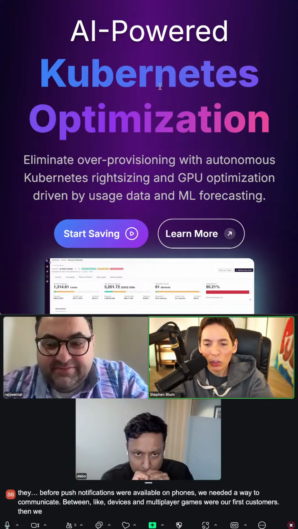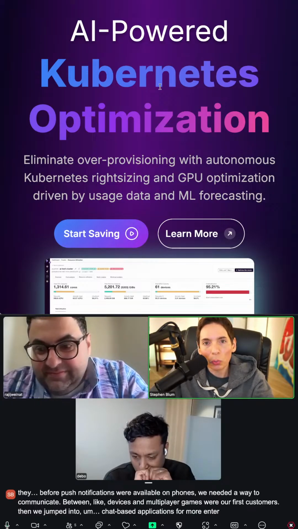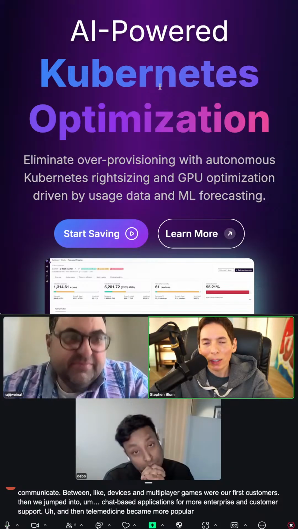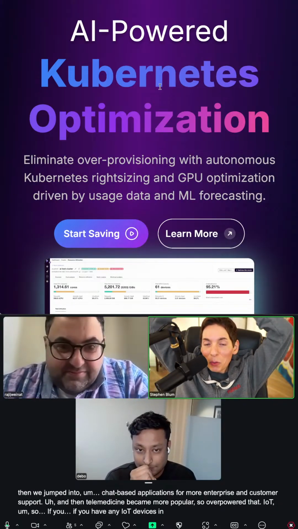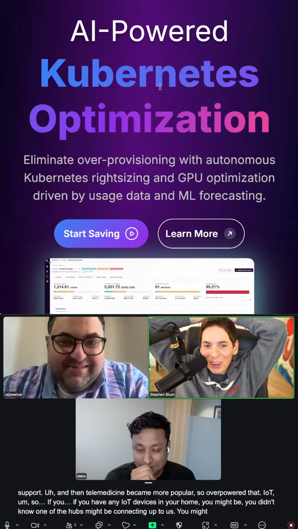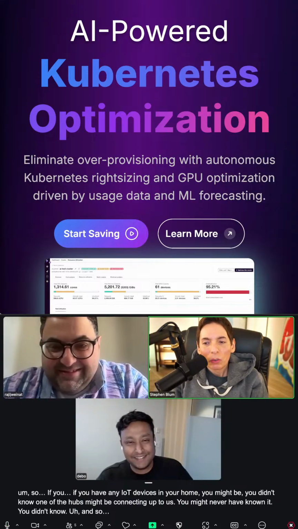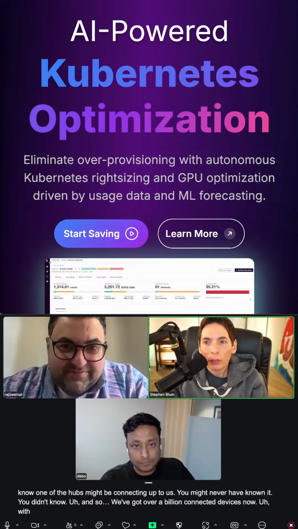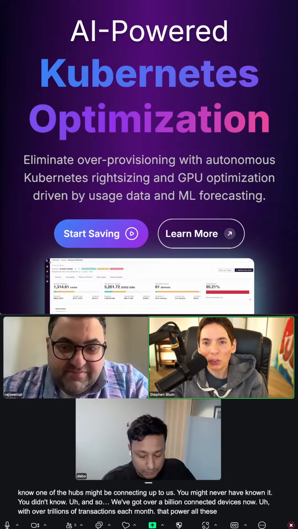Then we jumped into chat-based applications for enterprise and customer support. And then telemedicine became more popular, so we powered that. IoT too. If you have any IoT devices in your home, one of the hubs might be connecting up to us. You might never have known it. We've got over 1 billion connected devices now, with trillions of transactions each month that power all these different use cases.